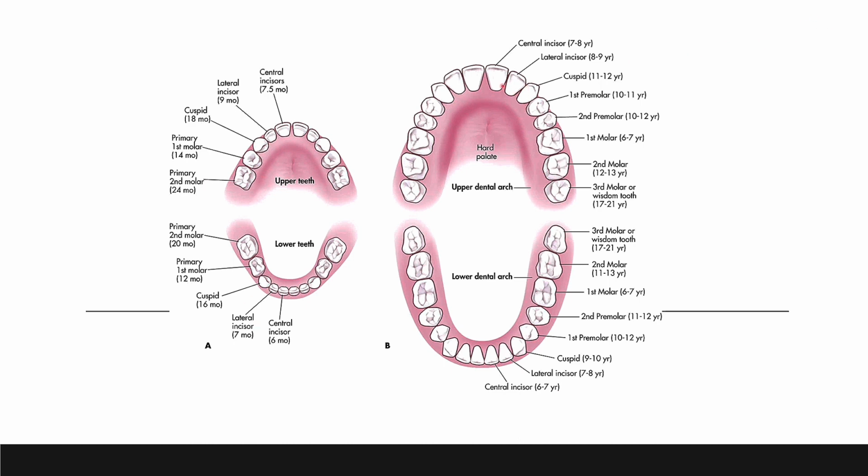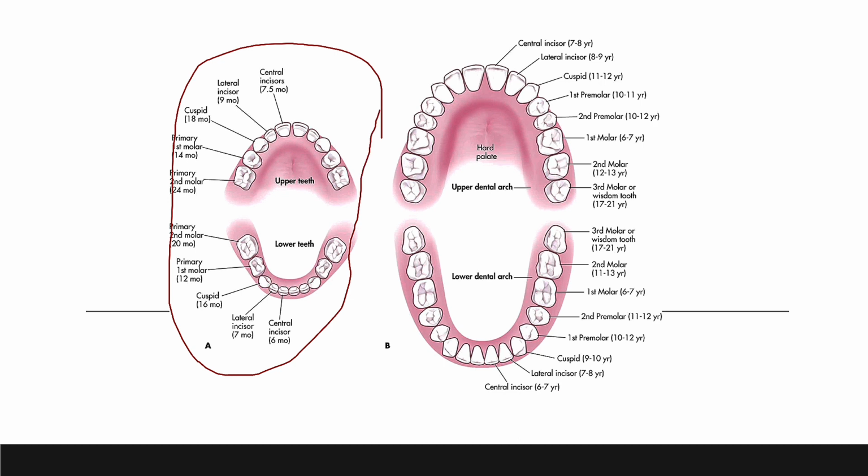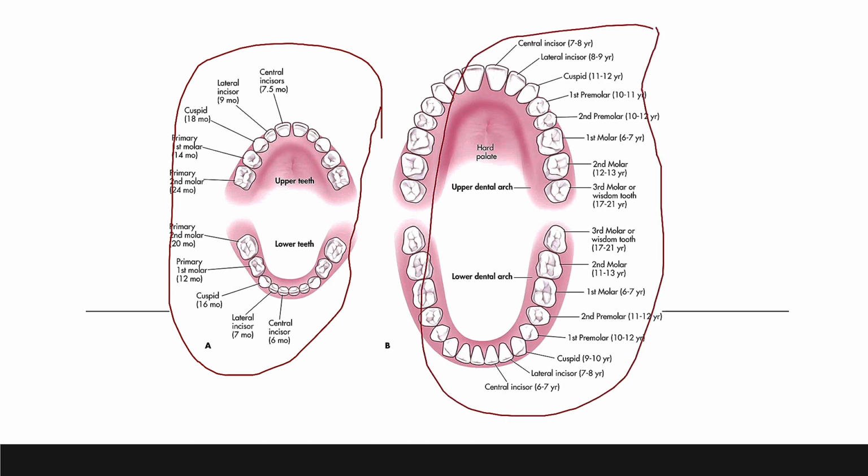But each tooth erupts at a different time. The crown portion is erupting, the root is completing at different times. So this is a short note for the eruption period of each dentition and each tooth. This is for the primary, this is for permanent dentition. Just go through once and you will get to know.